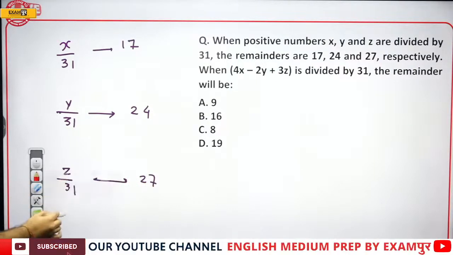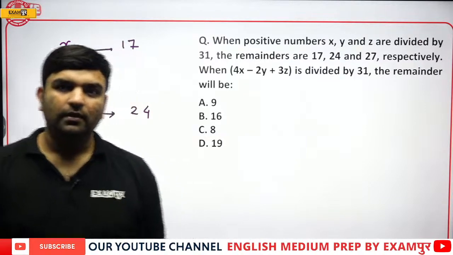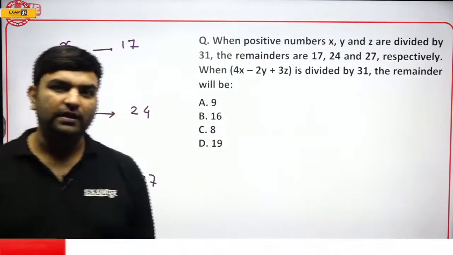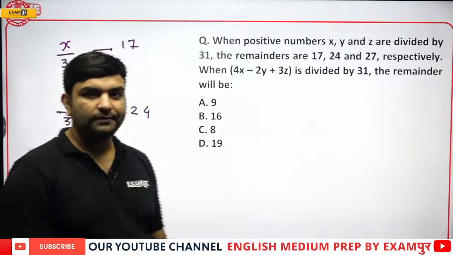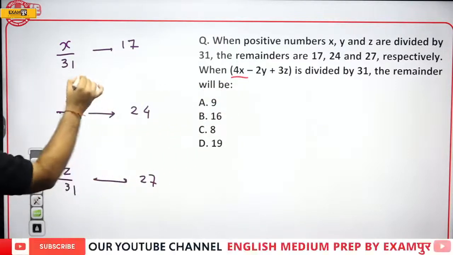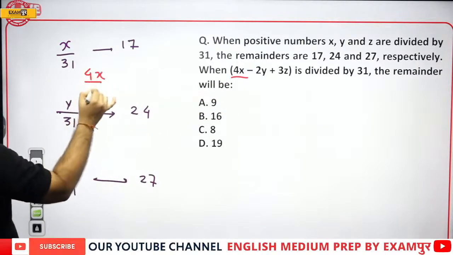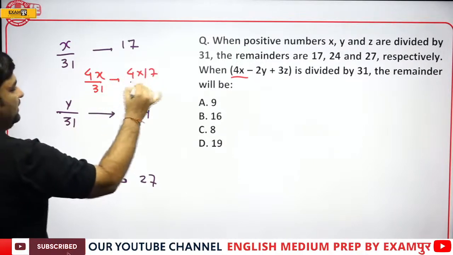So as we have done the fourth, for CGL, CHSL, MTS, whatever: if it is 4x, then multiply the remainder by 4, 4 into 17.